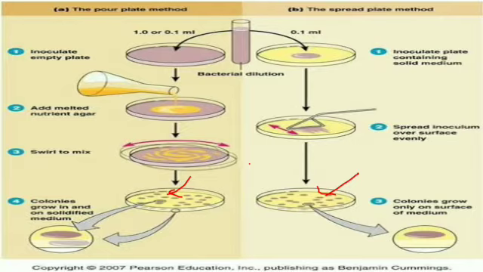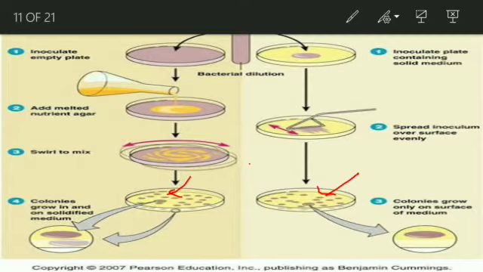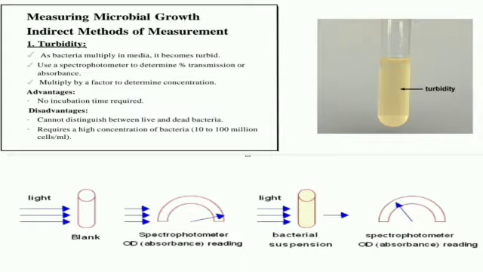All you need to do is pick one particular dilution, and after taking that dilution you multiply it with the number of colonies present in the Petri plate, and you will get CFU, colony forming units. So these both are direct methods. And now we are going to see another method, that is an indirect method.